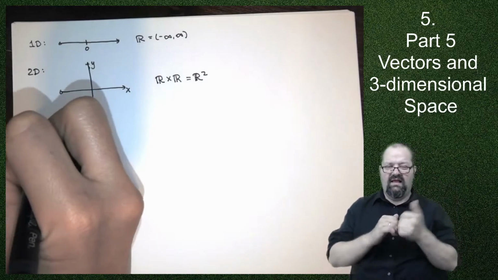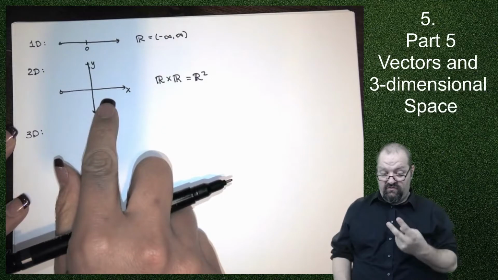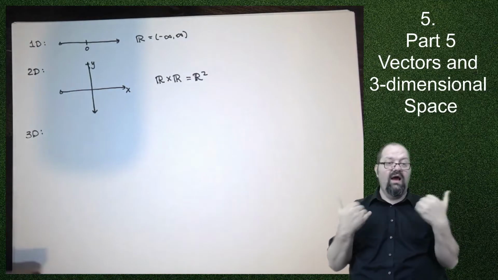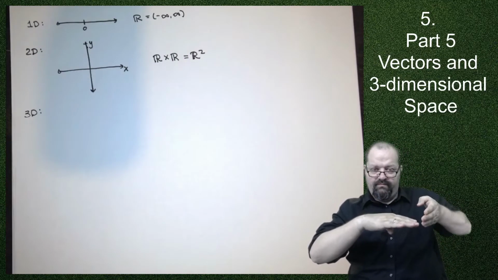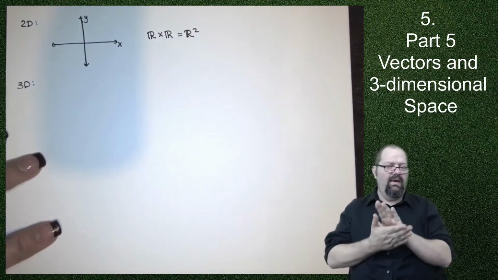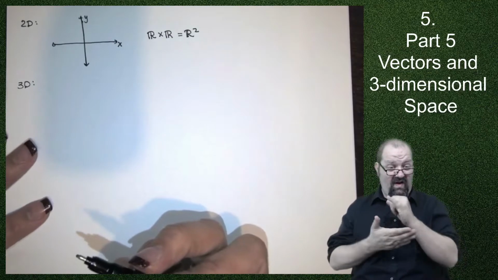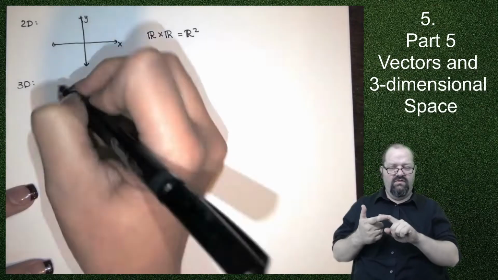Now 3D is similar. Instead of having two axes that are perpendicular to each other, we're going to have three mutually perpendicular axes. Now, it's going to be difficult to draw on 2D paper. You just do the best you can. I'm not an artist. You're going to see from my graphs they're not great, but you do try to draw your graphs with a little bit of perspective.